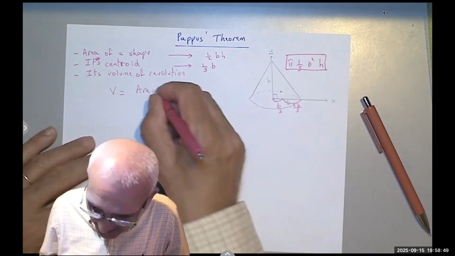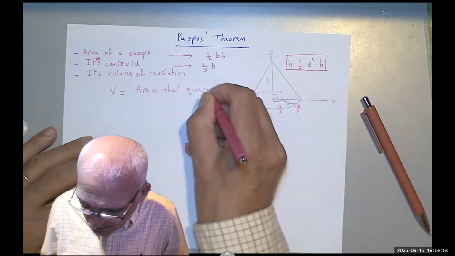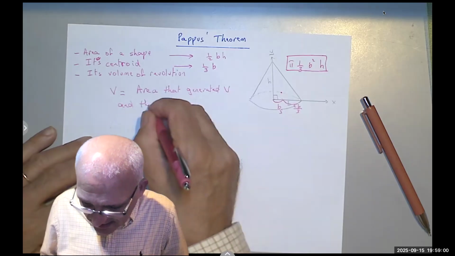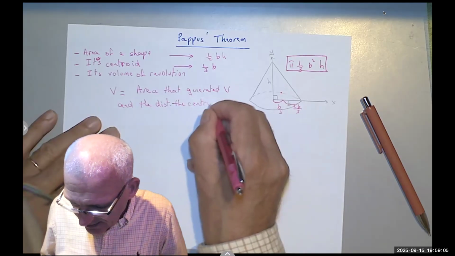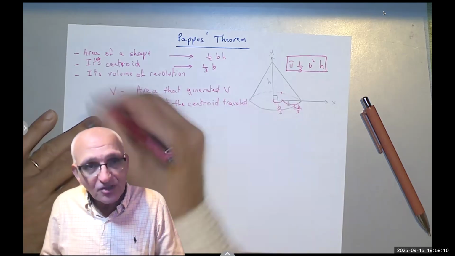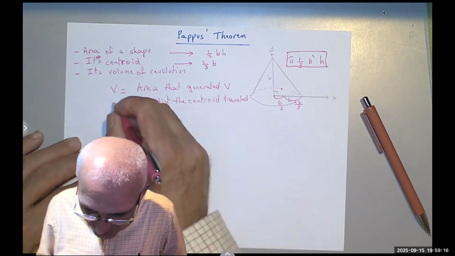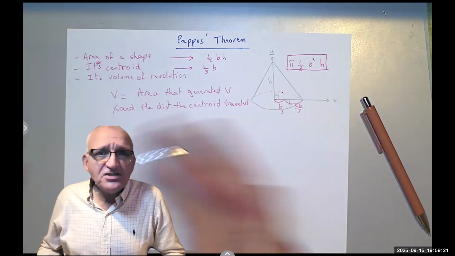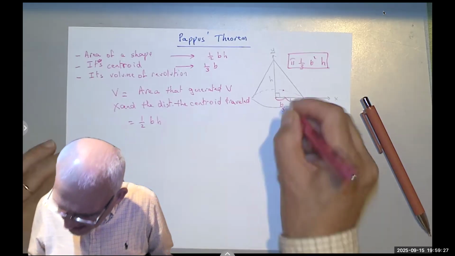So if you know the area that generated the volume and the distance the centroid traveled in doing so, then the volume would be the product of these 2 things. Wait a second. The area that generated the volume is 1/2 BH, right? And the centroid is here.